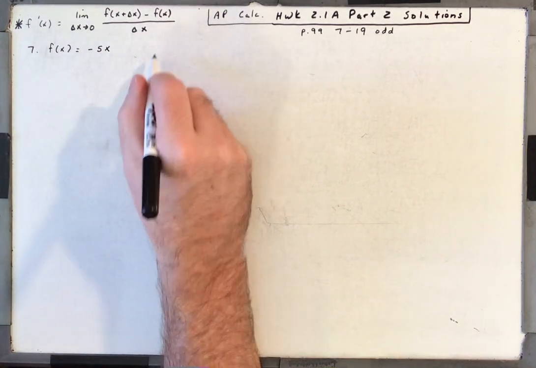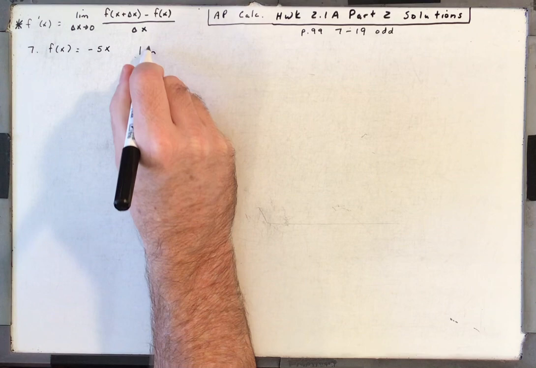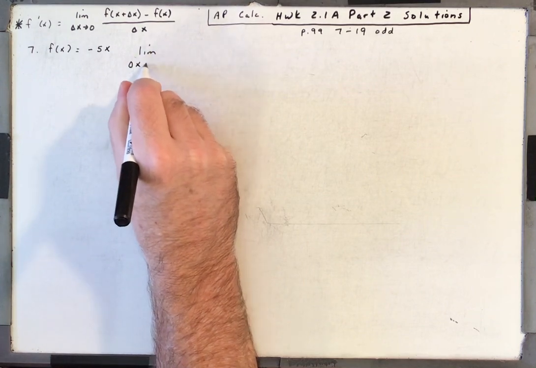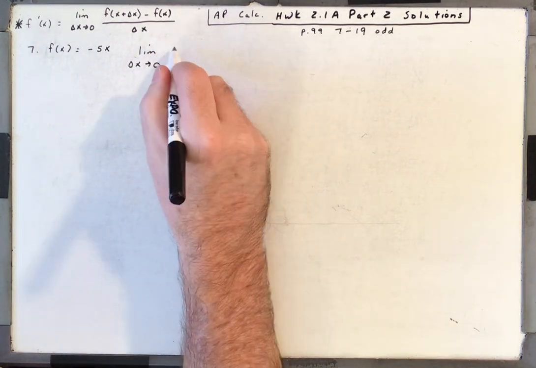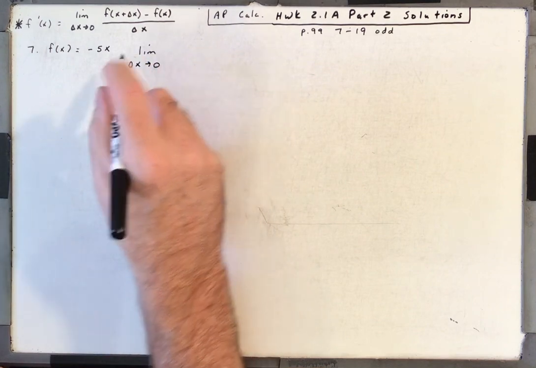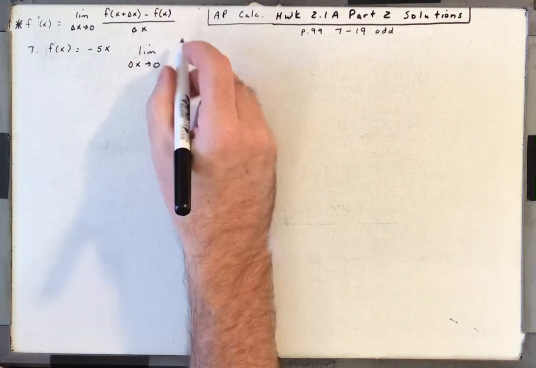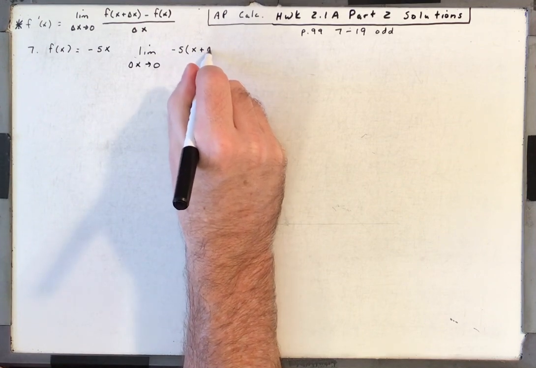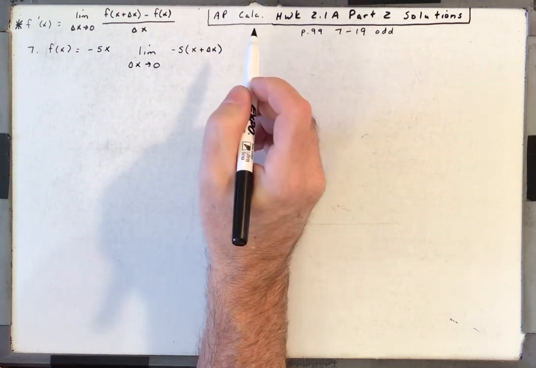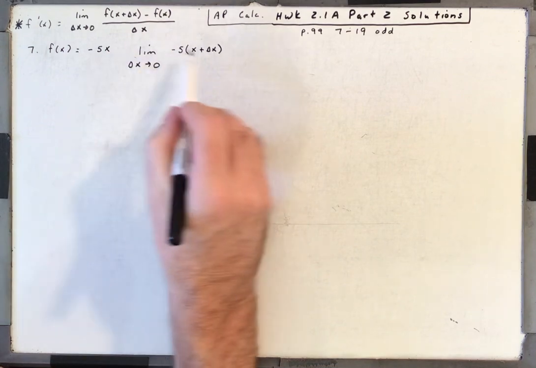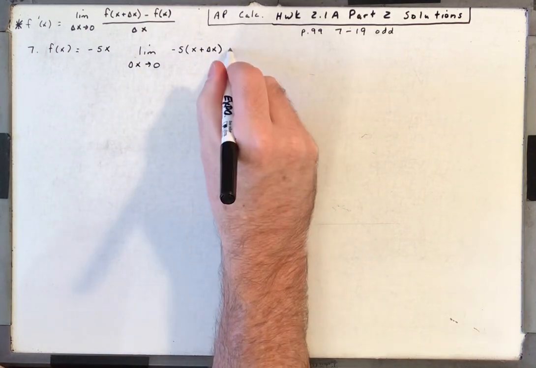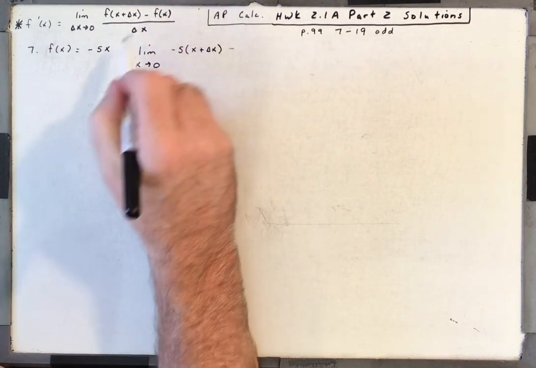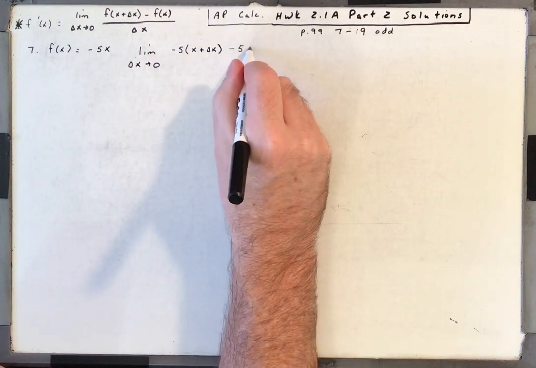So we're going to take the limit as delta x approaches 0 of f of x plus delta x. Well, that's going to be negative 5 times x plus delta x. All right, so everywhere there's an x, you put an x plus delta x, minus f of x, which is minus 5x.